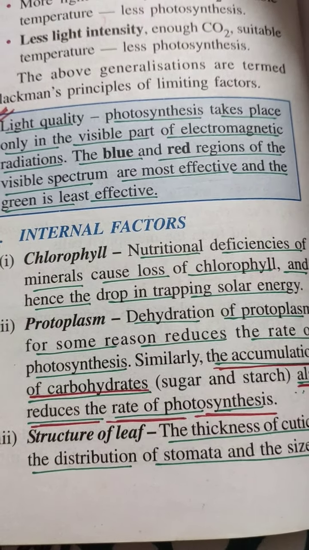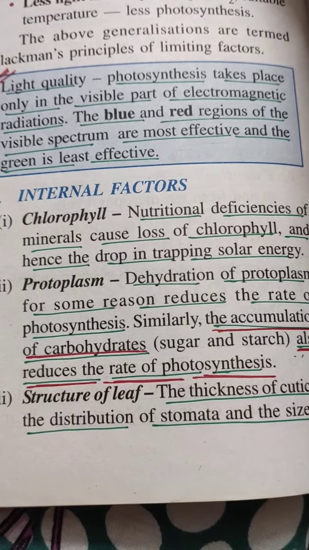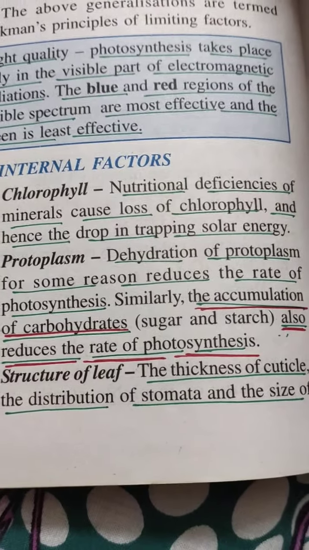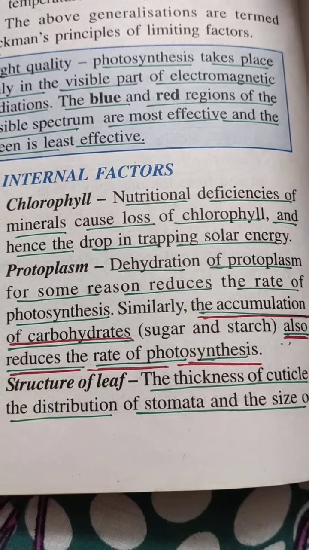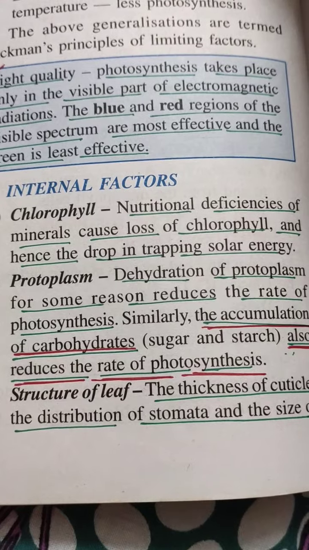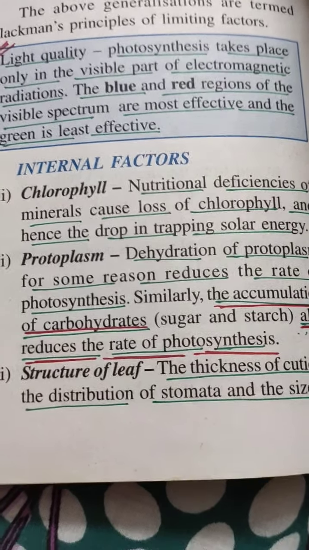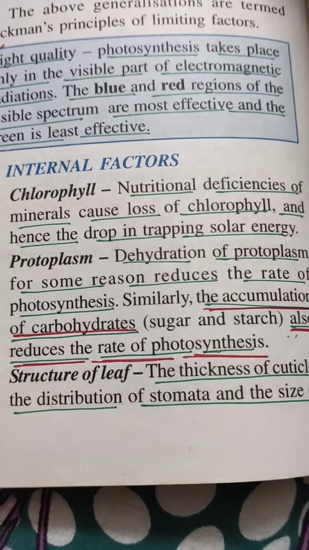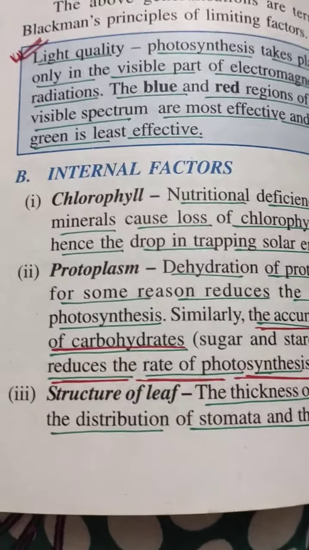Dehydration of protoplasm means if water is coming out more by exosmosis in any way. And structure of leaf means the thickness of cuticle, distribution of stomata, and the size of the leaf, the amount of light the leaf is getting, the amount of CO2 entering inside the leaf. Everything is related with the structure of the leaf. So that can also affect the rate of photosynthesis.